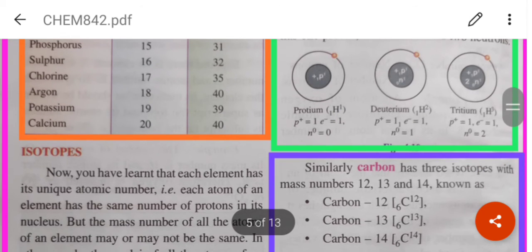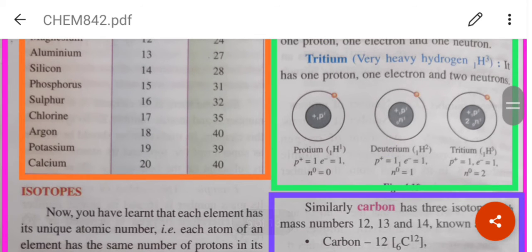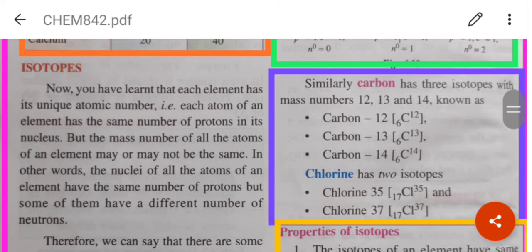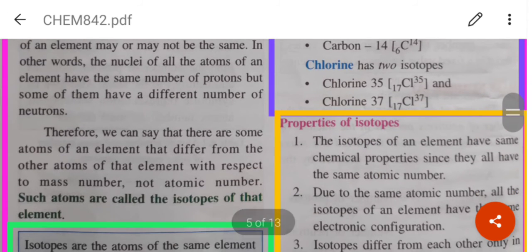But the number of neutrons is different. In protium, the number of neutrons is 0. In deuterium, it is 1. And in tritium, it is 2. Similarly, carbon also has isotopes as well as chlorine.